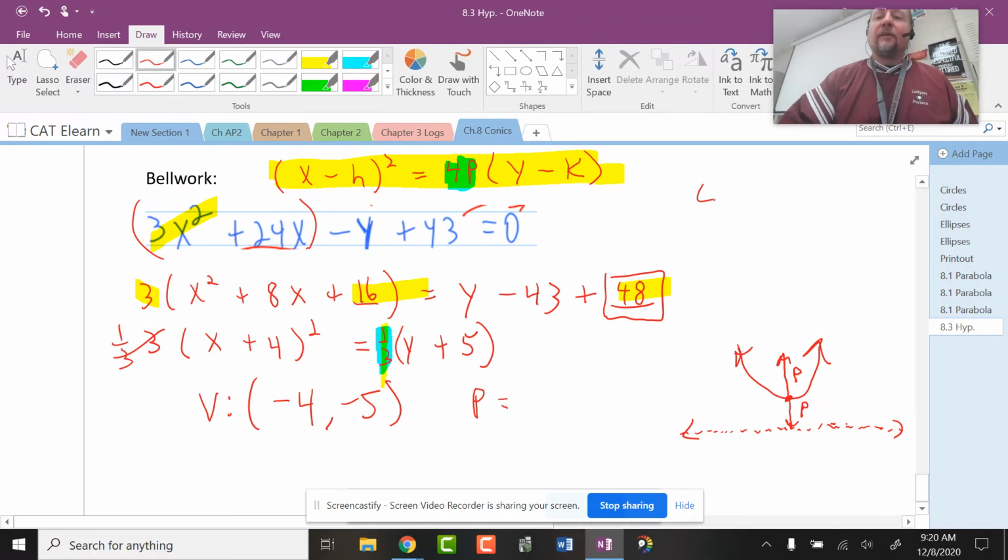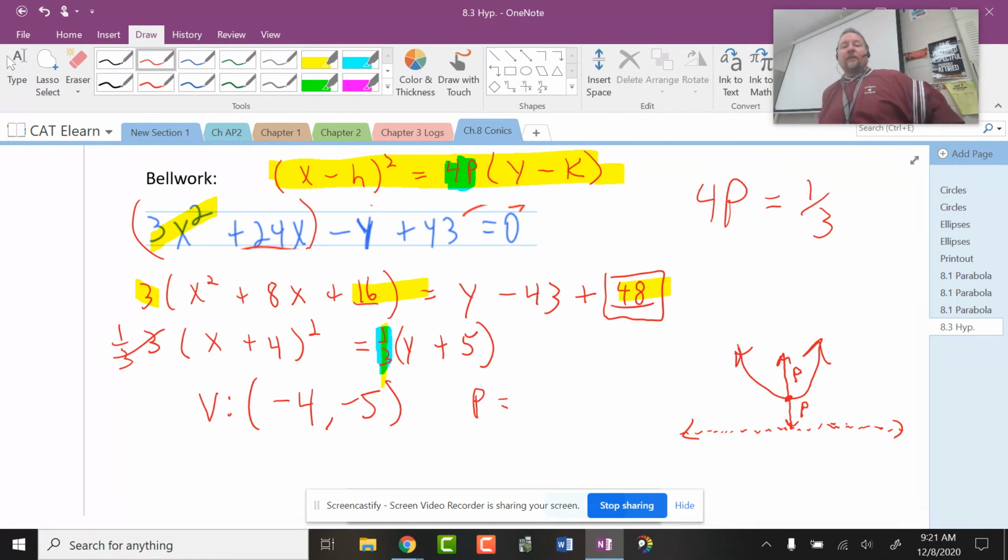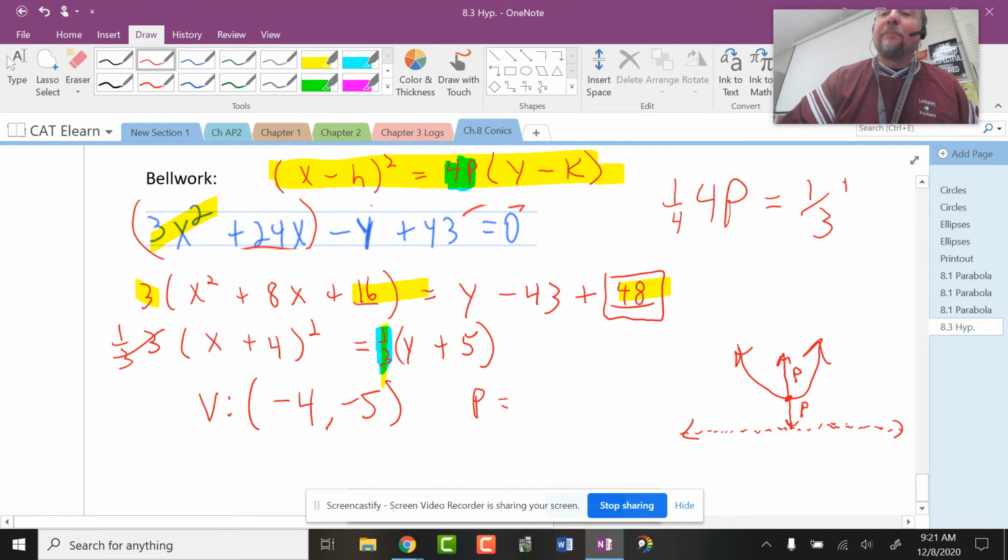This is simply all you have to do: set those two positions equal to each other and solve. I think you're going to be in a position of not dividing by 4 again, but multiplying. What's p?